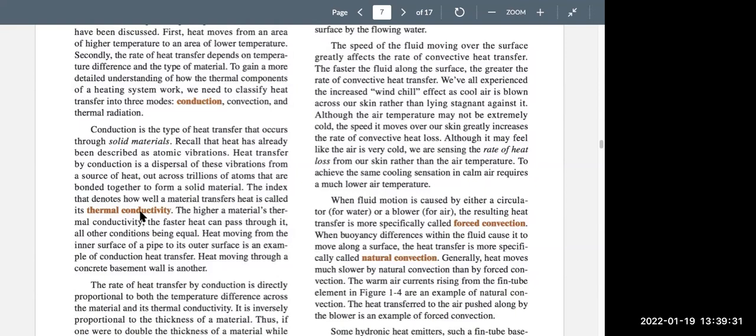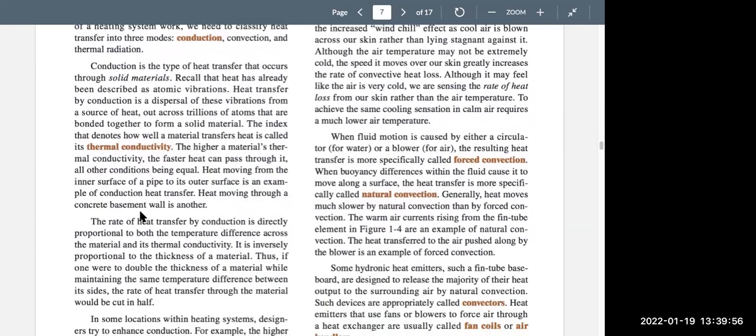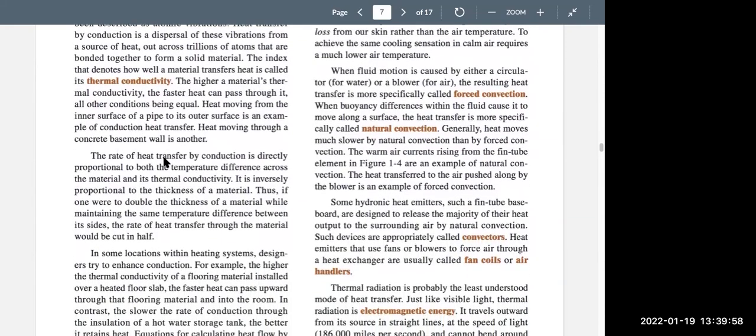So we want to make sure that we are aware of how much heat we're losing through certain materials. One type of material is going to lose heat faster and more than another type of material. That could be insulation versus wood or concrete. The rate of heat transfer by conduction is directly proportional both to temperature differences across the material and its thermal conductivity.